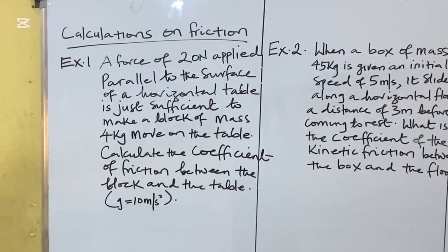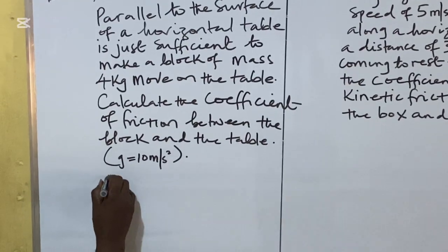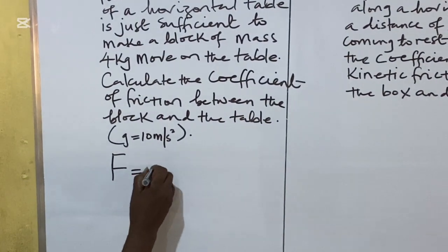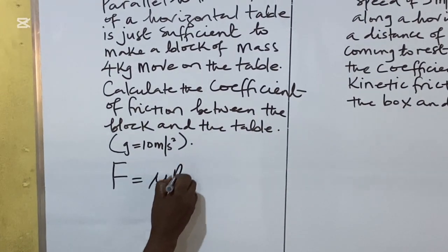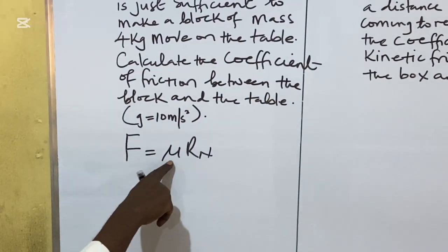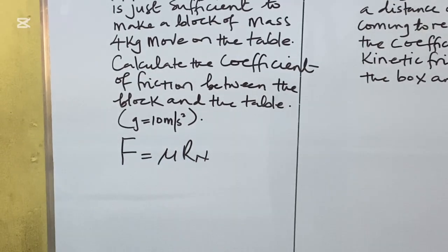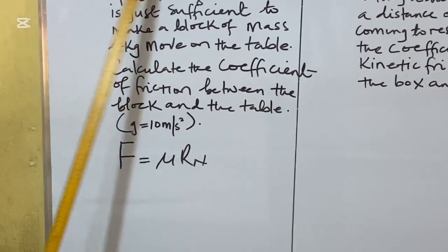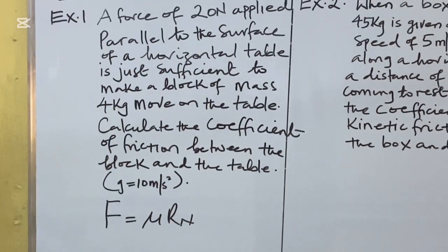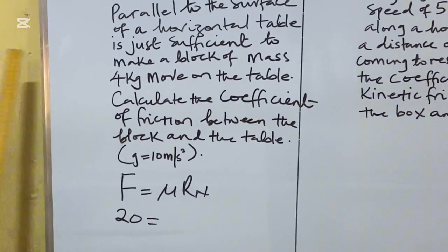Now earlier in our lesson, we've shown that frictional force F is equal to mu Rn, where F is the frictional force, mu is the coefficient of friction, Rn is the normal reaction. Now let's say a force of 20 Newton. I will put a 20 Newton here, right?